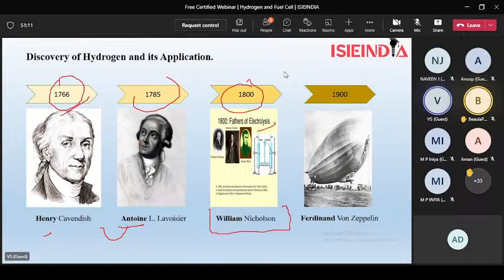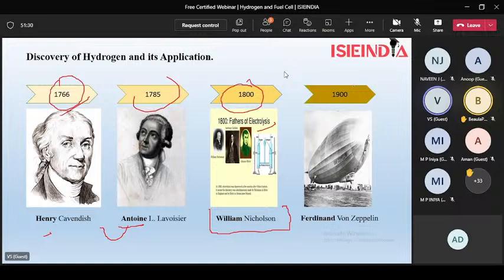Electrolysis is a process in which hydrogen is formed. The electrolyzer uses electricity to produce hydrogen.